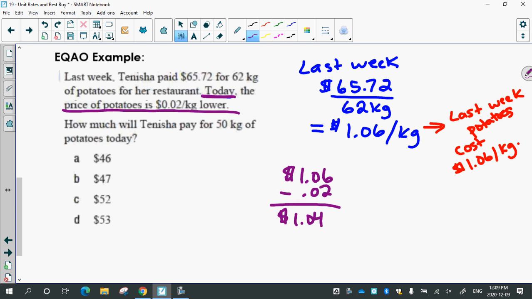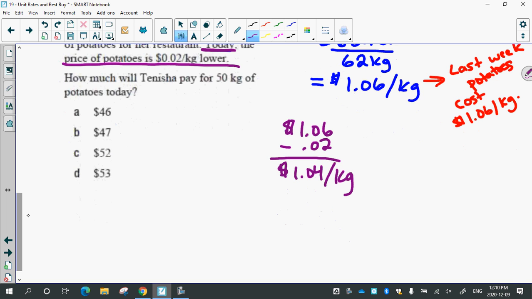So this week they cost $1.04 per kilogram. The price went down. It must have been excess potatoes. Okay? So this week it costs $1.04 for 1 kilogram of potatoes, and they want to know how much it will cost for 50. So you can either multiply or you can set up a proportion with dollars and kilograms.